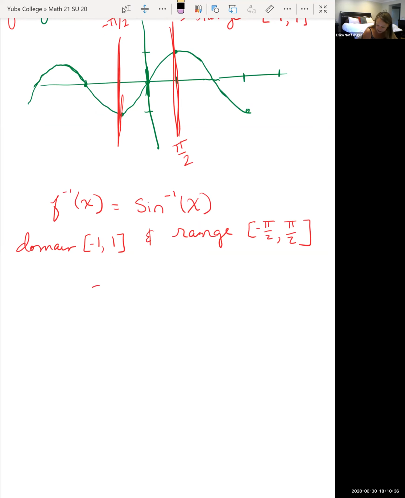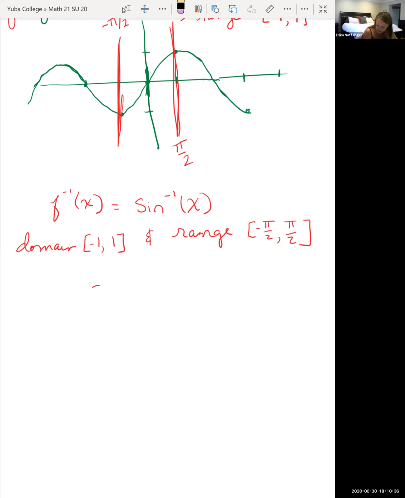Well, that's going to be in the quadrant 4 piece. And so I can get down to that piece by going clockwise, since the negative angle is clockwise. So we can think of it as our reference angle is pi fourths. So this is going to be negative pi fourths to give us negative root 2 over 2.